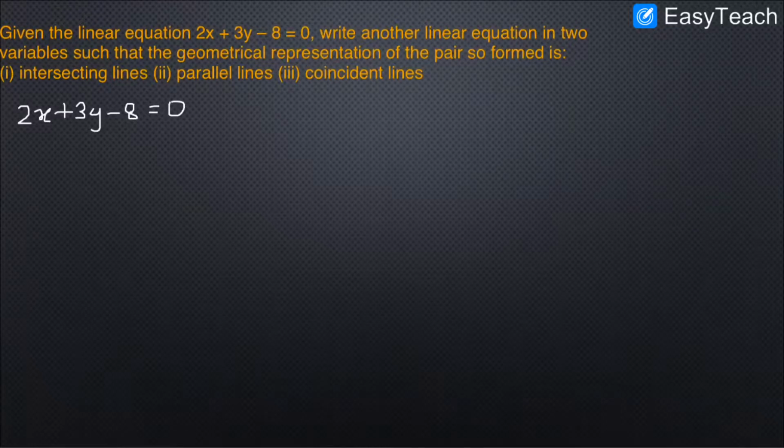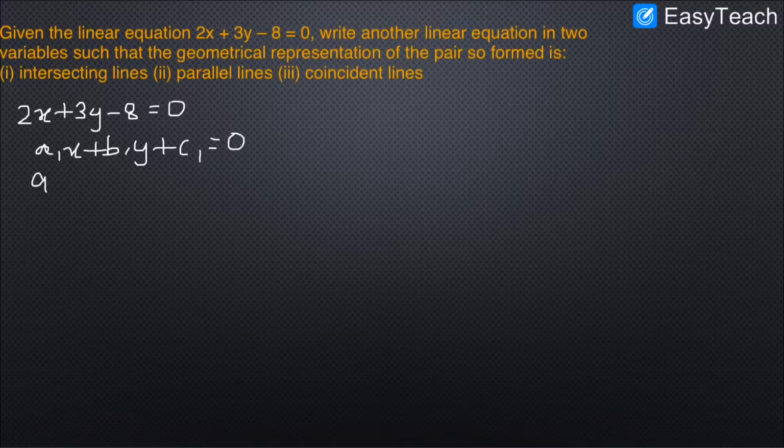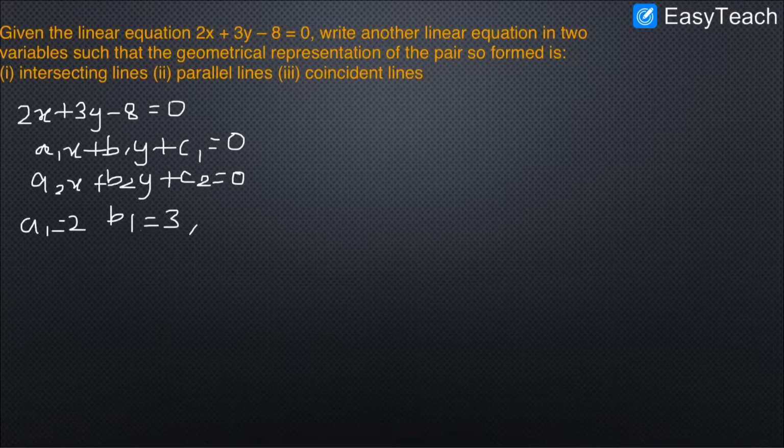Before we start the problem, let me write the standard format of the pair of linear equations, which is a1x plus b1y plus c1 equals 0, a2x plus b2y plus c2 equals 0. So we know that here a1 is 2, b1 is 3 and c1 equals minus 8.